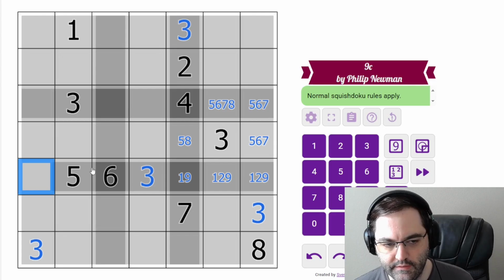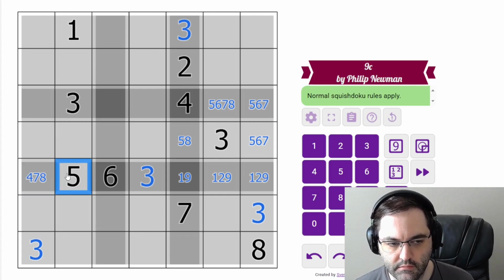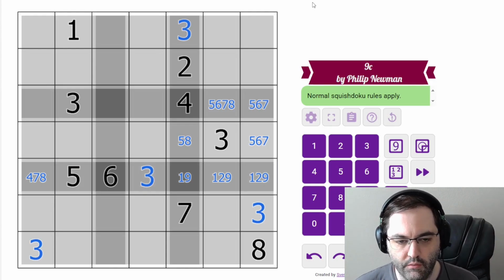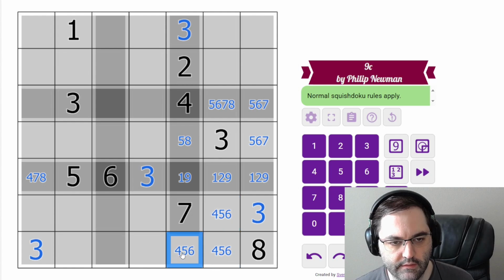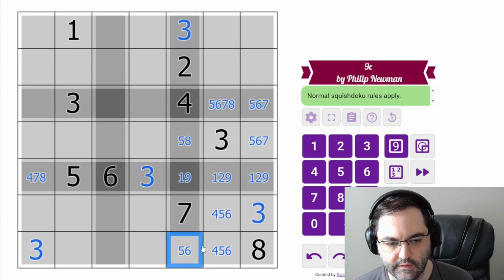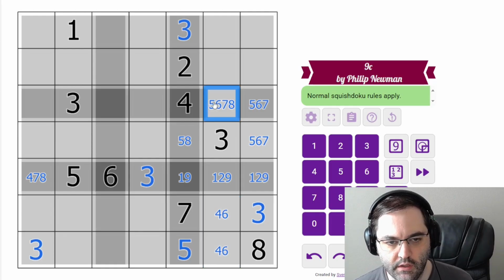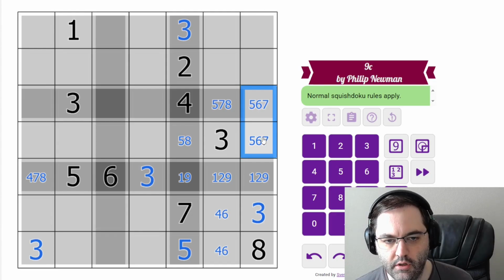All right, now this cell needs a 4, a 7, or an 8 because the rest of the digits are in the row. Down here, we need 4, 5, and 6. This is not the 4. And it's also not 6 in the box. That gives us a 4, 6 pair down here, eliminating 6 here. One of these is 6.